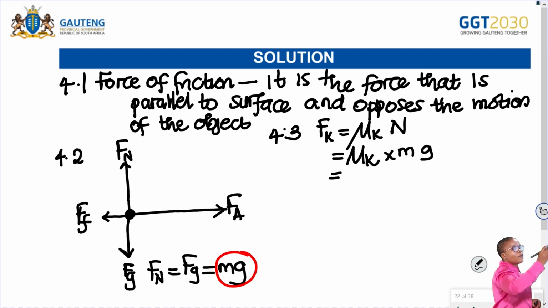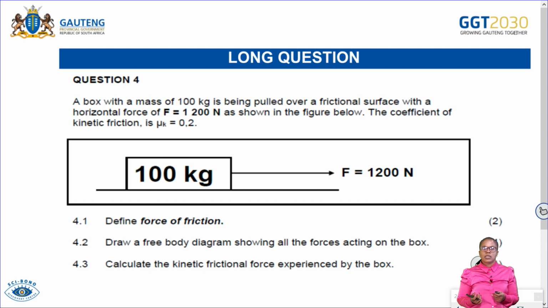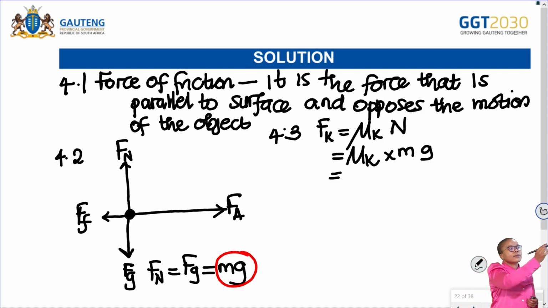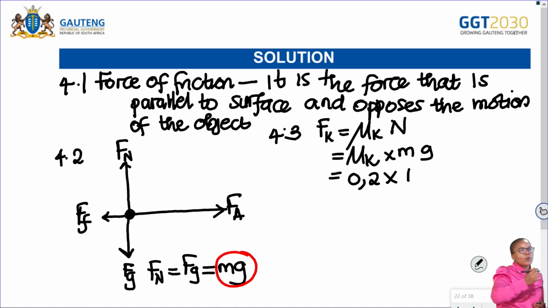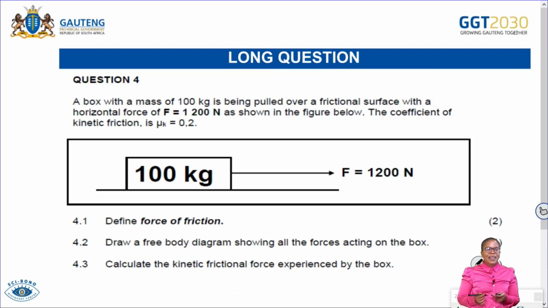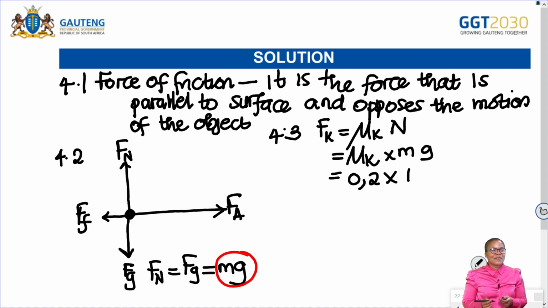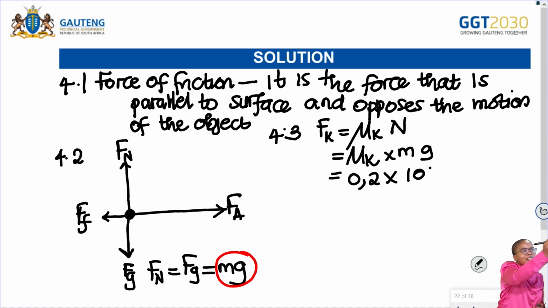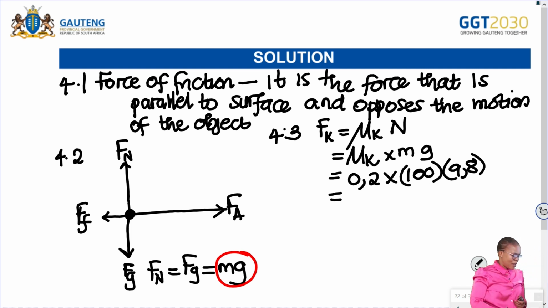What is the coefficient of kinetic friction that is given to us? It is 0,2 multiplied by the mass of the block, it is 100, multiplied by 9,8. Okay, that is your substitution right there.